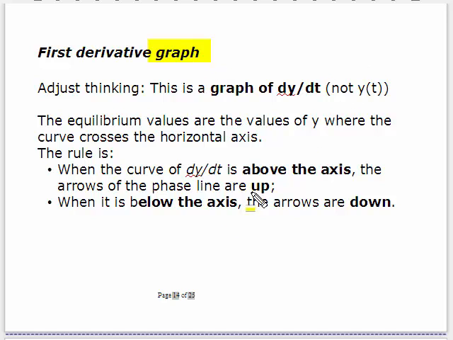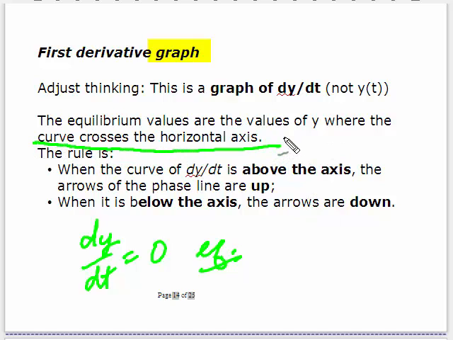So when you graph dy by dt, the equilibrium values are the values where dy by dt equals 0. On the graph, that's where the curve dy by dt crosses the horizontal axis. So instead of solving for them, you pick them out graphically or numerically. Then you look at the curve.